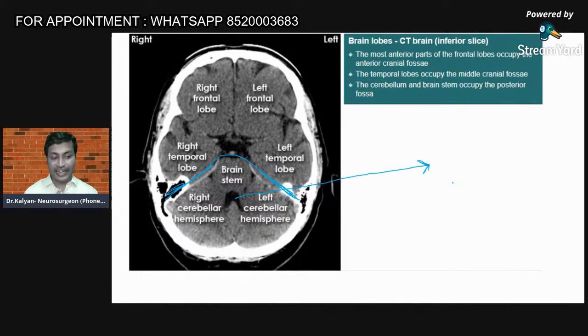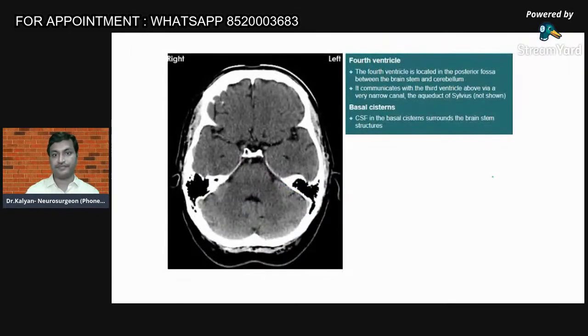We have identified the lateral ventricles, we have identified the third ventricle, and so which ventricle is this? Fine. The one which is left is the fourth ventricle. So this is our fourth ventricle.